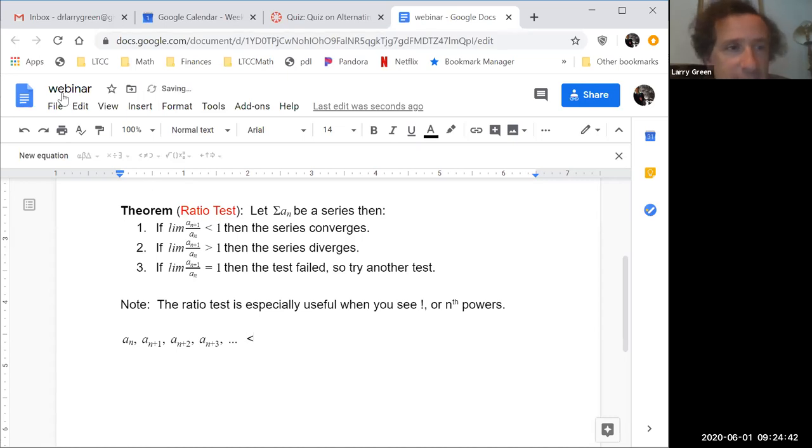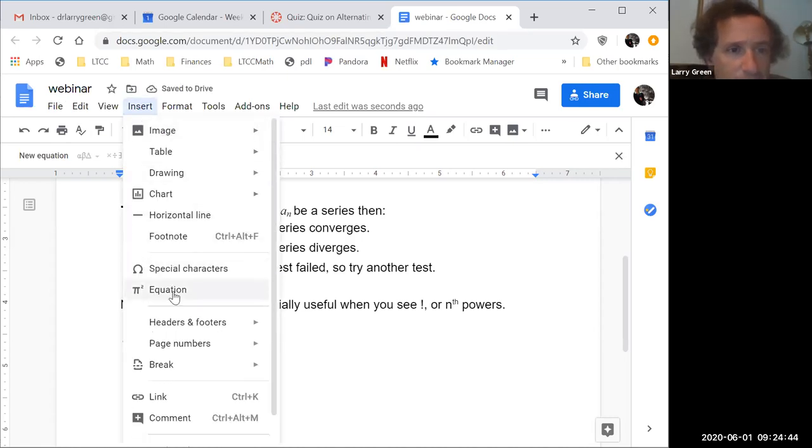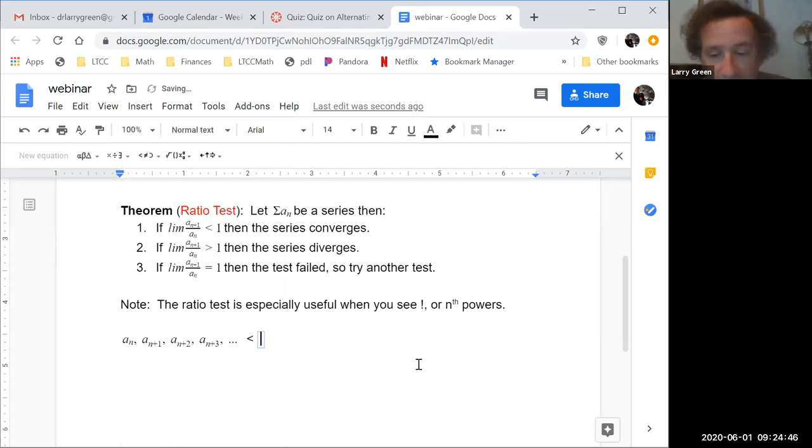So what I can say is this is going to be less than a half A sub n, because A sub n plus 1 is going to be less than a half A sub n, if we're thinking about kind of a third.